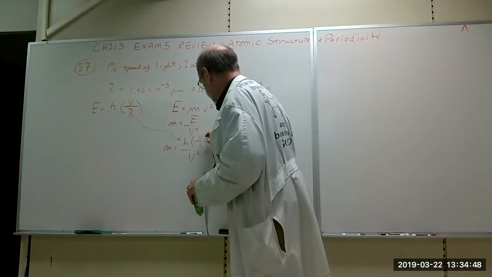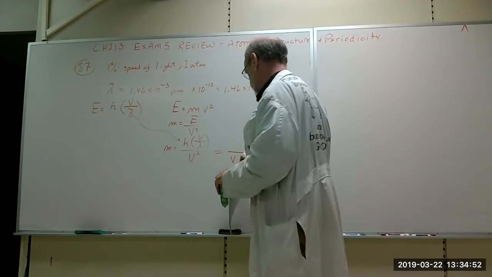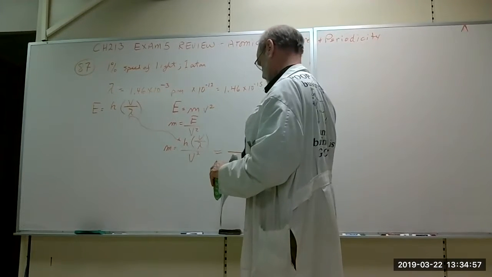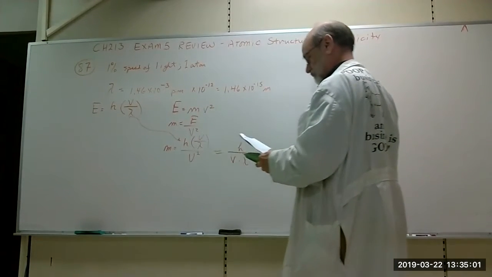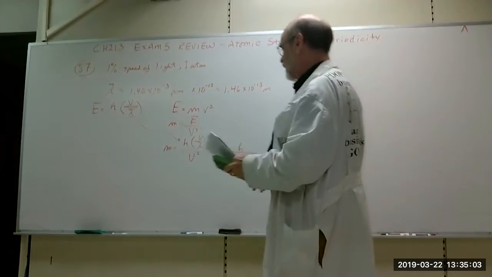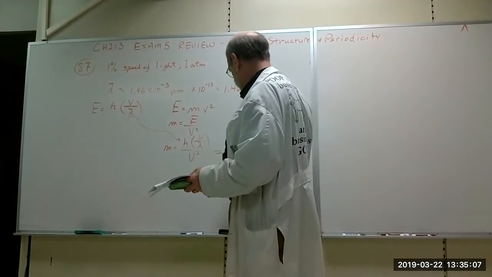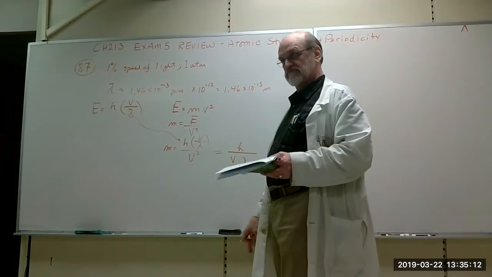So one of these V's cancels, so we only have a V in the bottom, we've got a lambda in the bottom, and we've got Planck's constant on top. Okay, so now we can find out what the mass of that atom is. We just need Planck's constant, 1% speed of light, and the de Broglie wavelength.